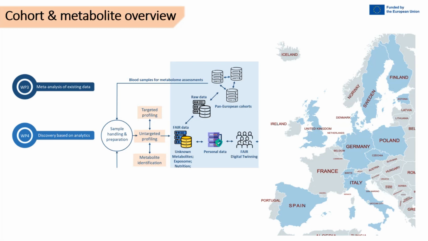Maybe I'll come back to how we blended the work package 3 knowledge into work package 4. But let's talk a little bit more about the strategy, how we did the modeling of those data sets. Next slide, please.